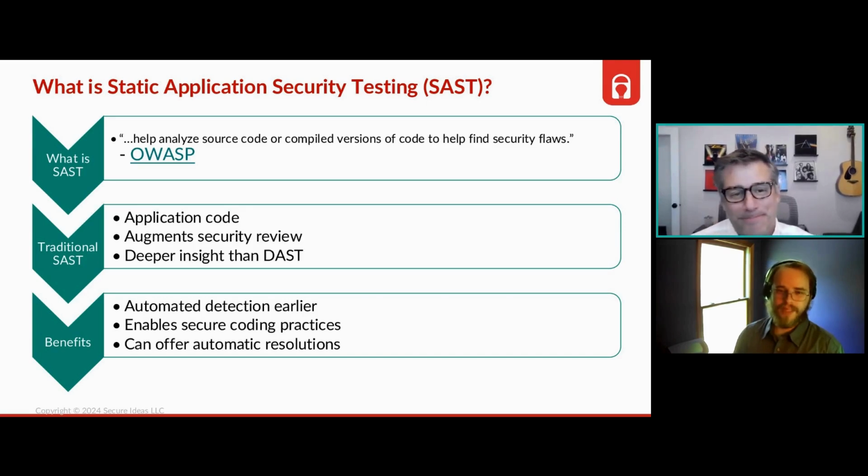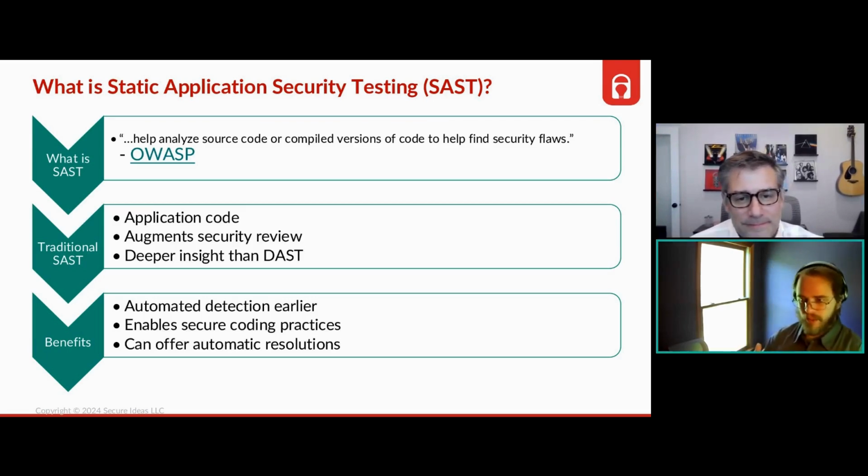Yeah, absolutely. And it can give you a lot deeper insights than something like dynamic application security testing, because it has the context that this variable is getting applied to this specific module for this tool. So it gets that more holistic picture of what your infrastructure looks like.